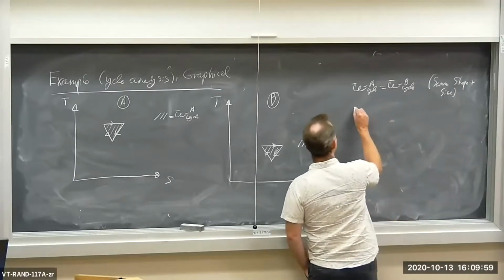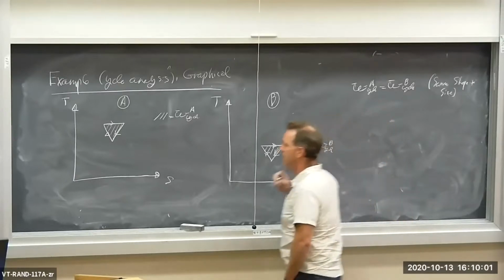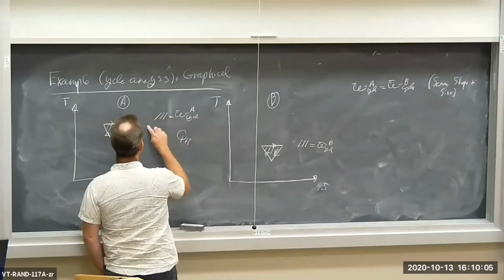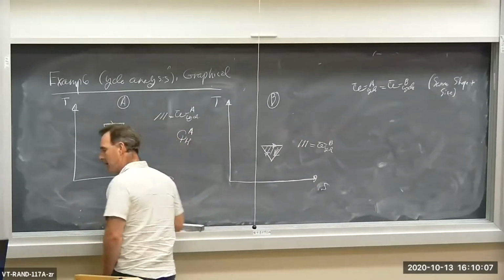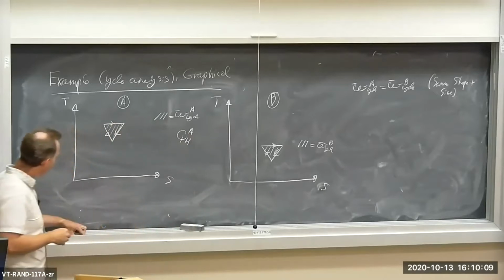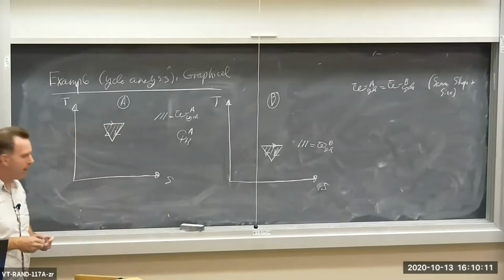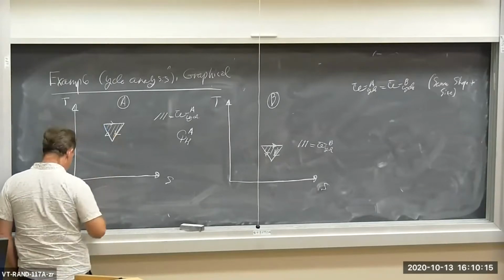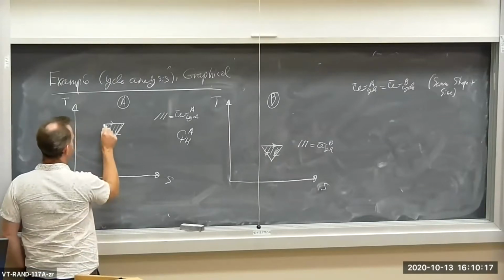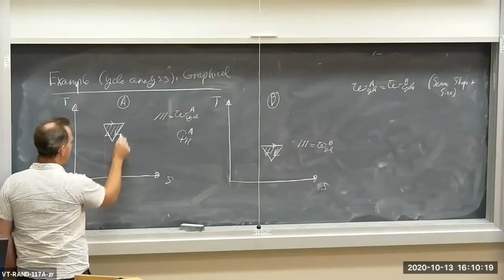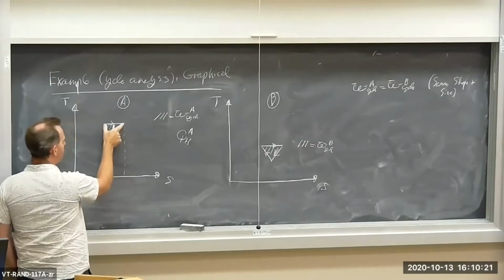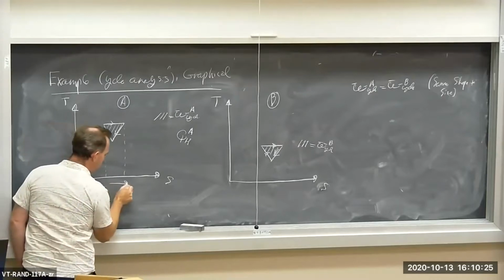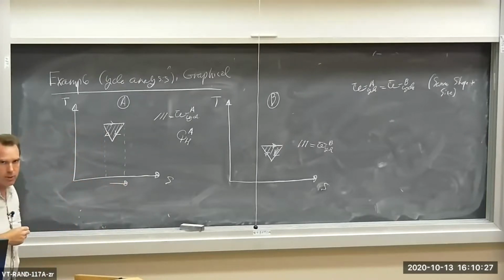So let's compare QH. Let's see here, what's QH for cycle A? Where's the heat being added in my cycle? Well, notice that entropy is increasing on the upper portion of the cycle. So entropy goes up on the upper portion of the cycle.